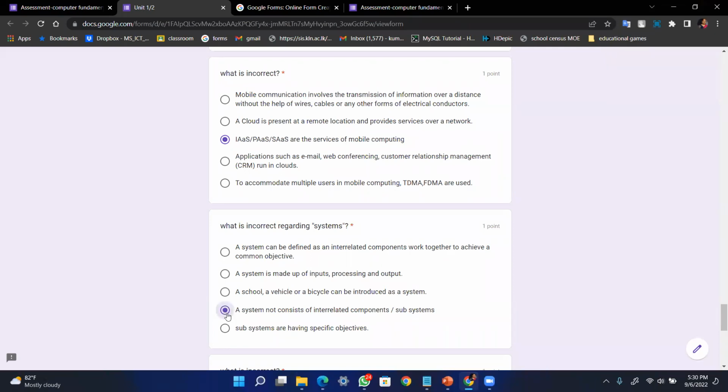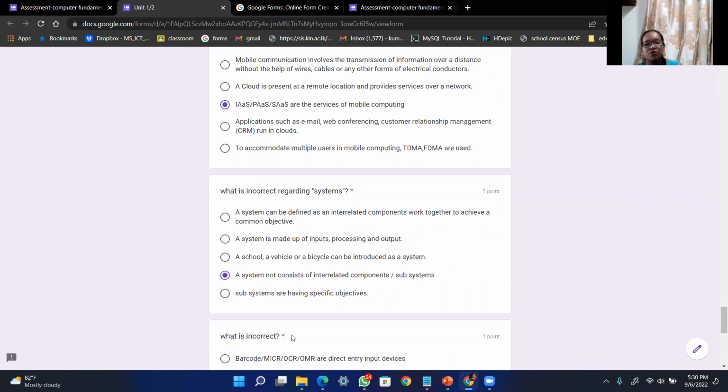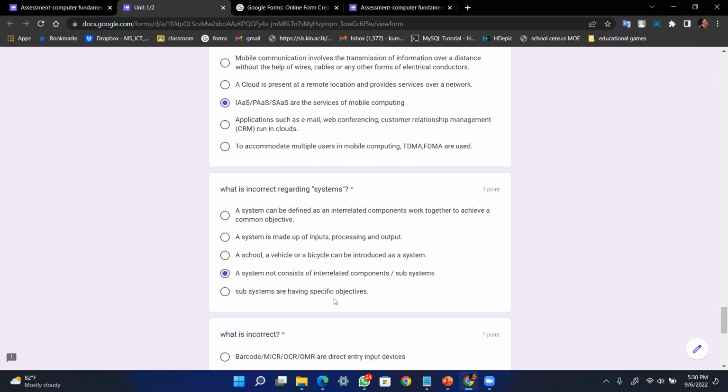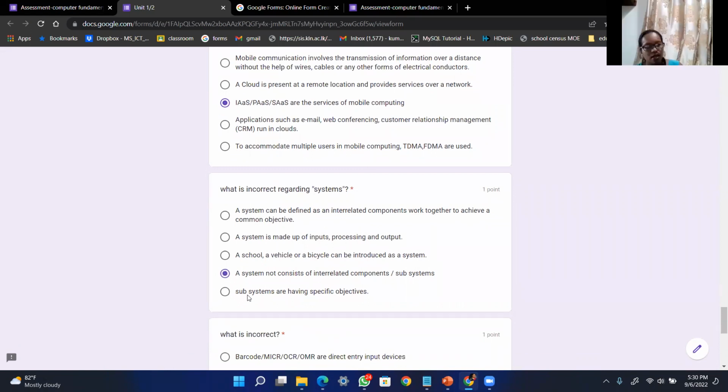Subsystems have specific objectives. Correct. Subsystems have specific objectives, and there is a main objective for the main system. The subsystems try to achieve their own objectives, and finally by joining together, they achieve the ultimate goal of the main system.